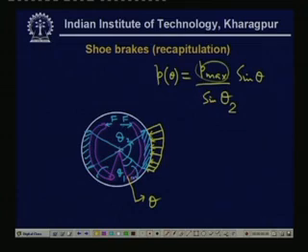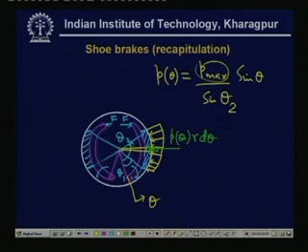Now, in order to find the value of F, we will have to use some force balance or moment balance equations. If you consider a very small element over here, the force acting is P theta times r d theta, considering unit width of the drum along the axis of the drum.